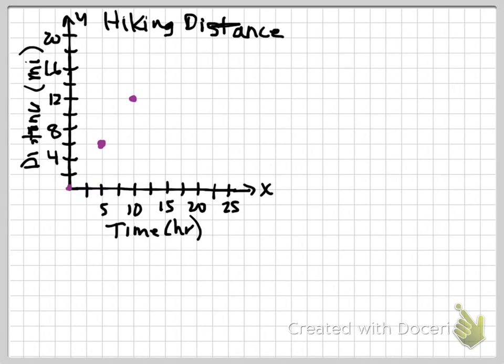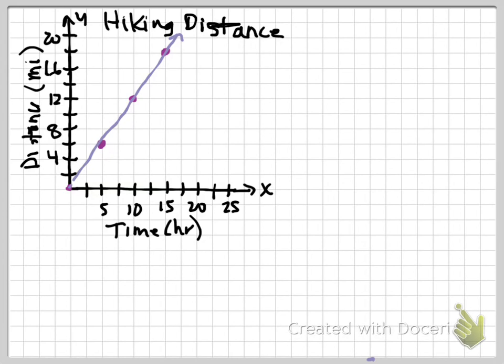And then when the time is 15, we're going to go to distance of 18. We connect these up. Okay. So let's look at this: it is the amount of time a backpacker hikes and the distance that's traveled.